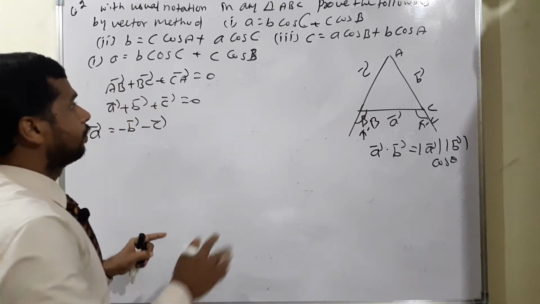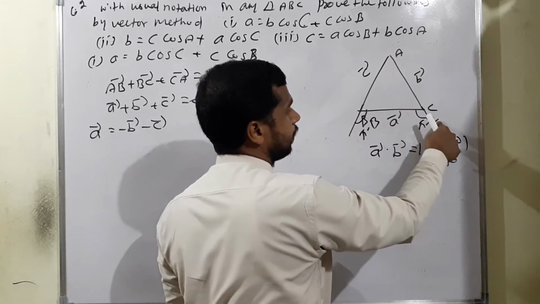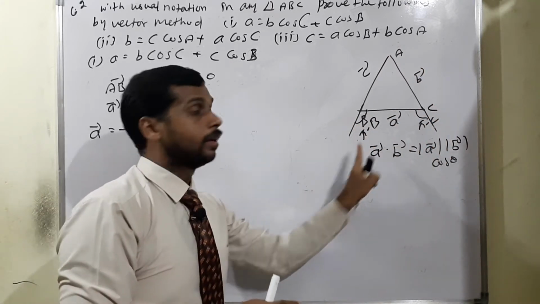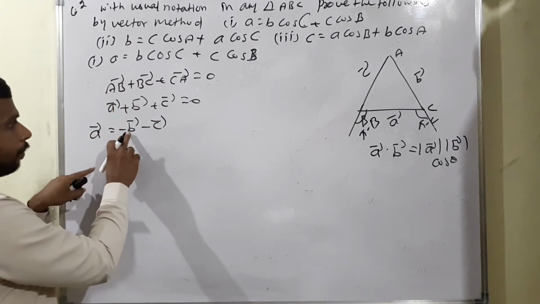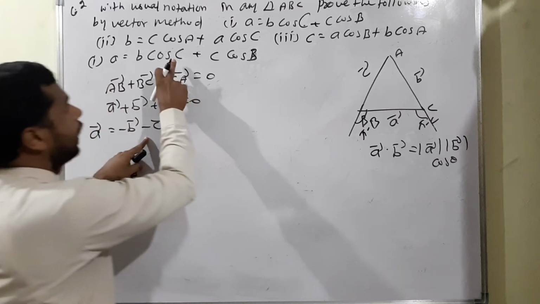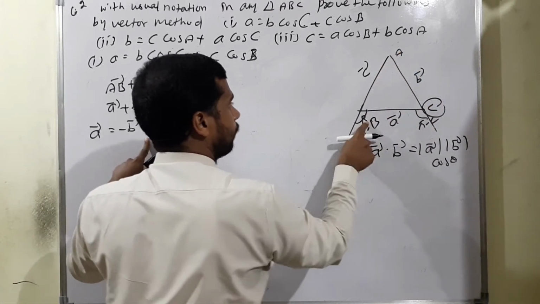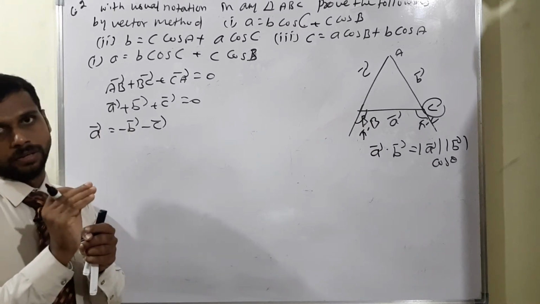Similarly, another one, angle B. Angle B means the opposite side, A vector dot C vector, then only we can apply angle B. So what we have to add: on the right hand side, B vector is already there. We need angle C, which means we need A vector dot B vector. Already B vector is there, so we just add dot A vector.